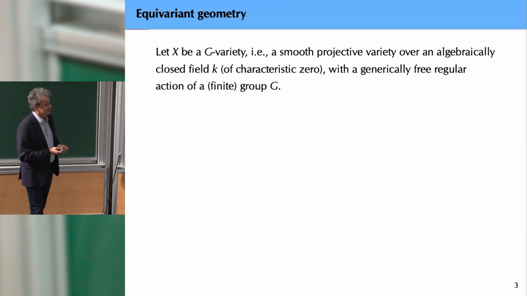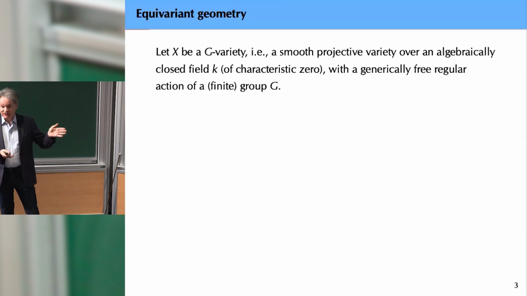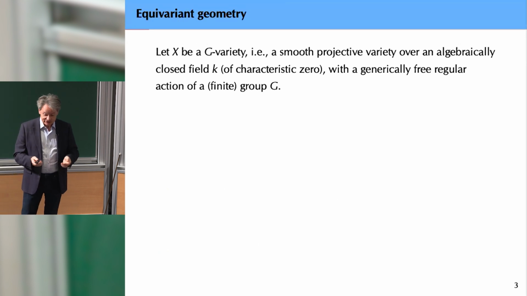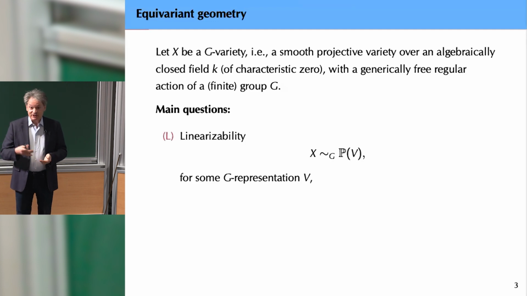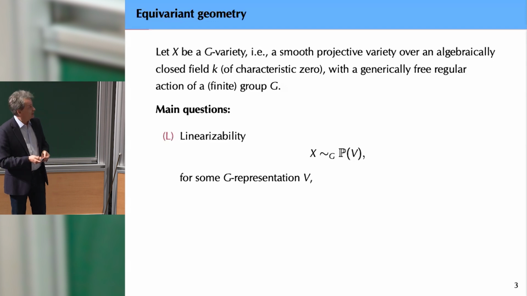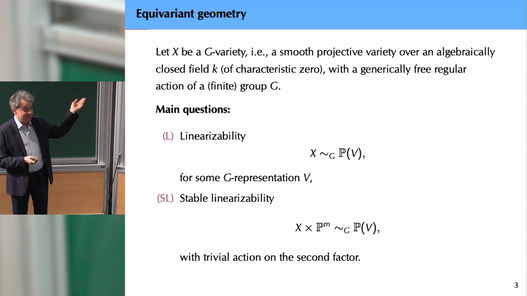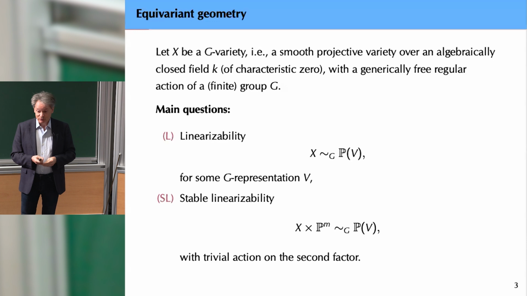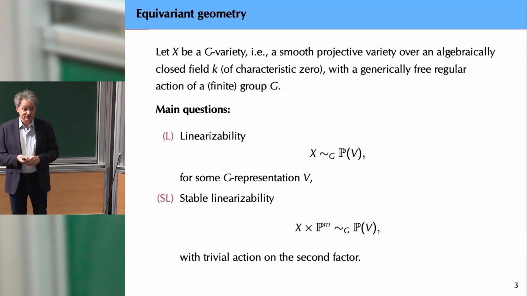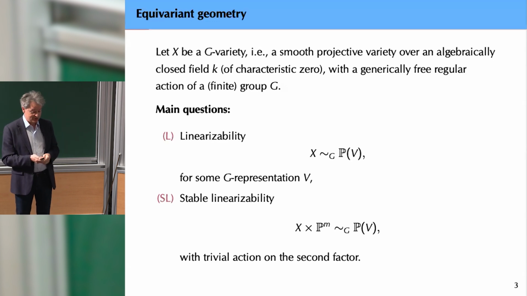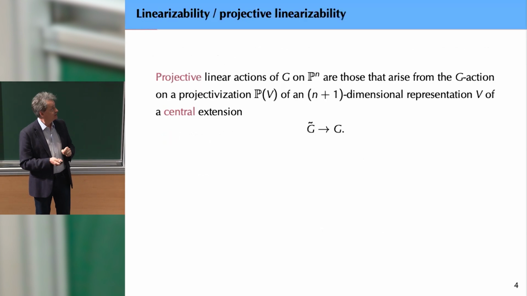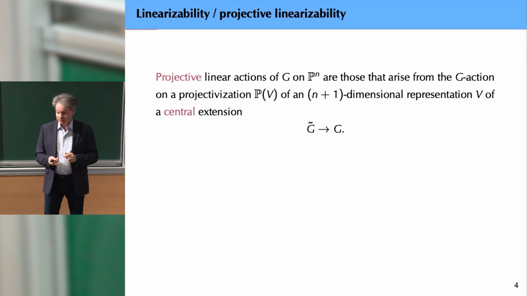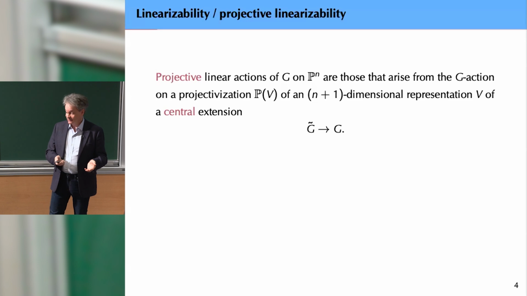Now, if you think about G varieties where G are the symmetries, then the corresponding notions are being birational to the projectivization of a representation of your group, or becoming birational to a representation after multiplication with projective space with trivial action on the second factor. So there is one small technical thing in that representations can be linear and projectively linear.